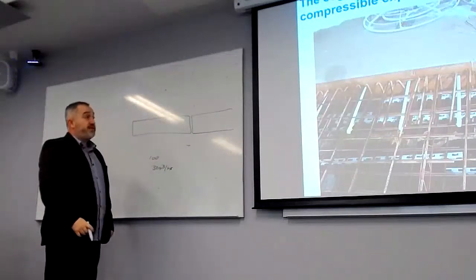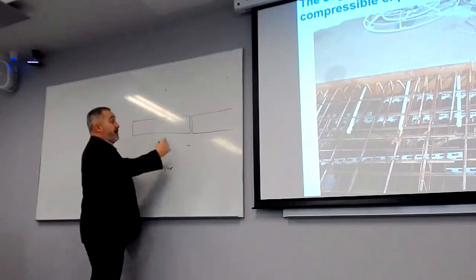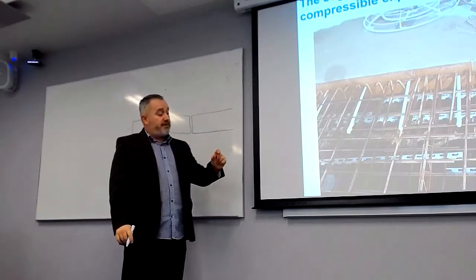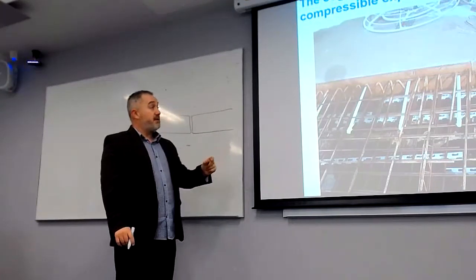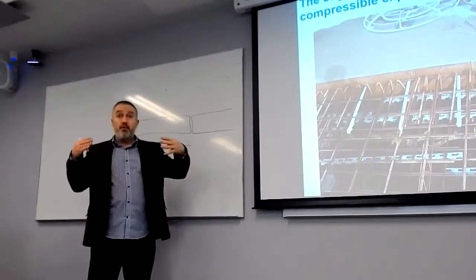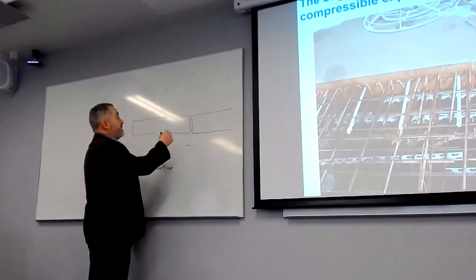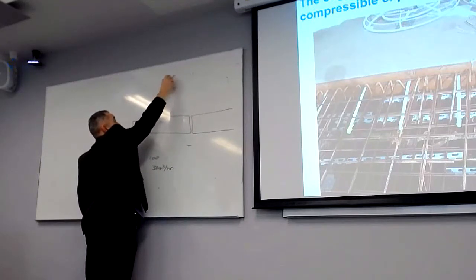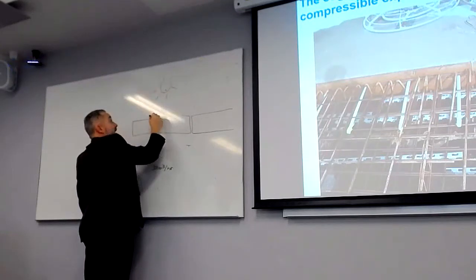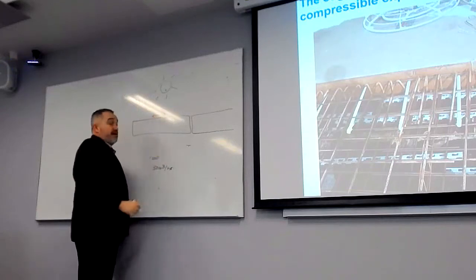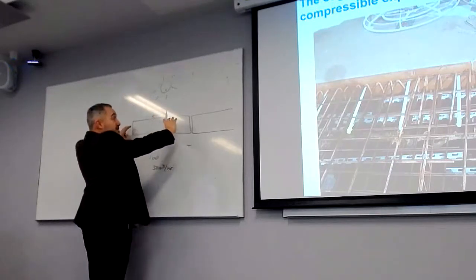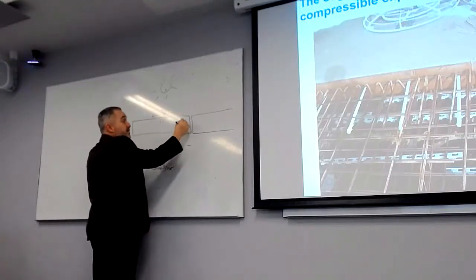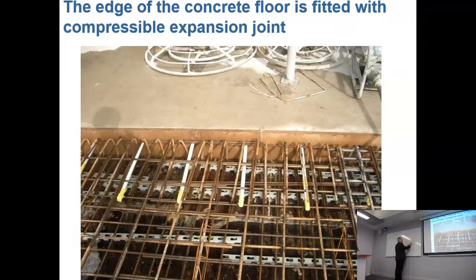And there's a number of different types of joints that you have, and they're all about 15 millimeters, and you've got movement joints. Now this is where your concrete, when the sun is shining on it, can expand. If there are not any movement joints, it will hog or sag. So you need a bit of a gap for it to expand into.